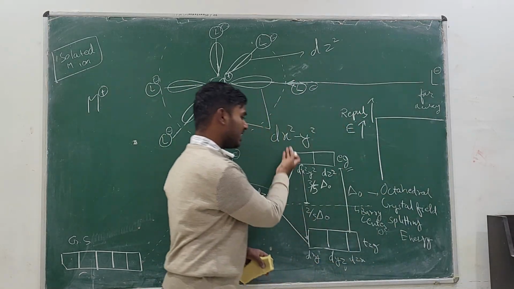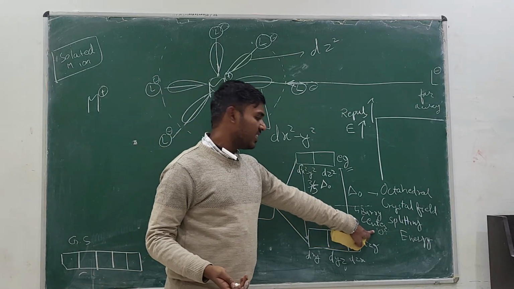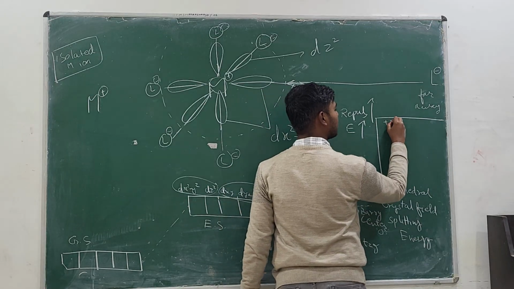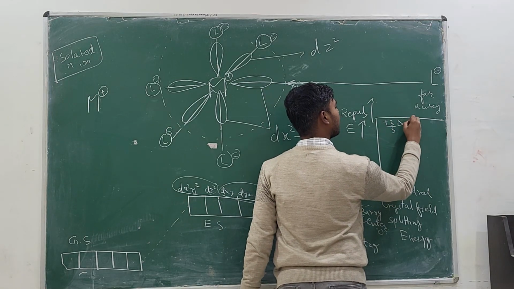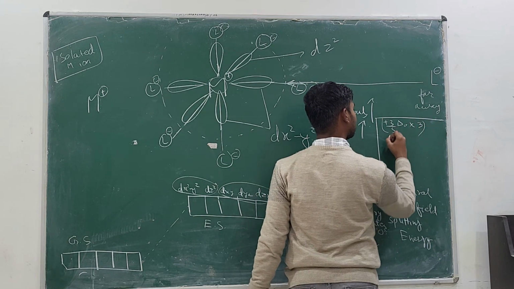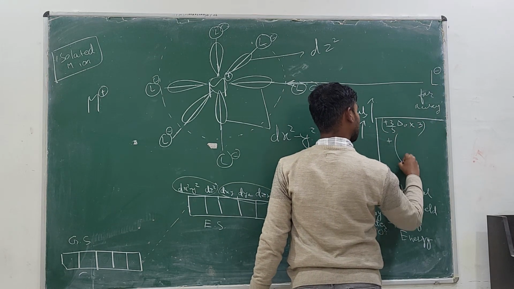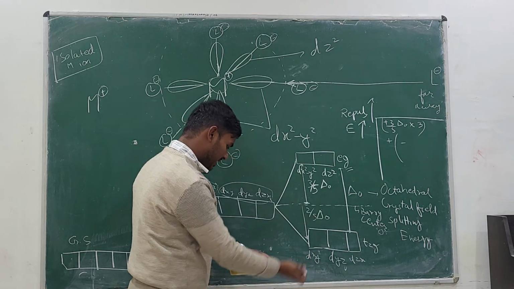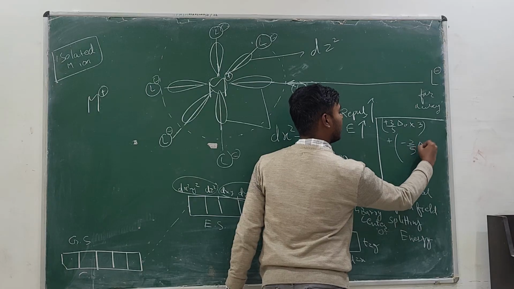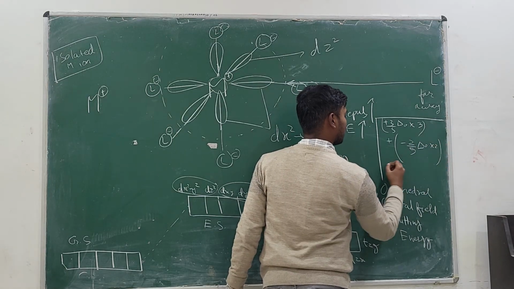As energy increases, if we consider the energy of the barycenter as 0, then this one is plus 3 by 5 delta naught into 3, that is 3 orbitals, plus this negative energy, which is minus 2 by 5 delta naught into 2.